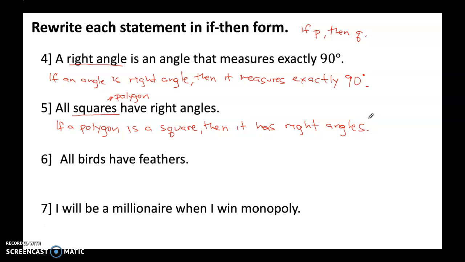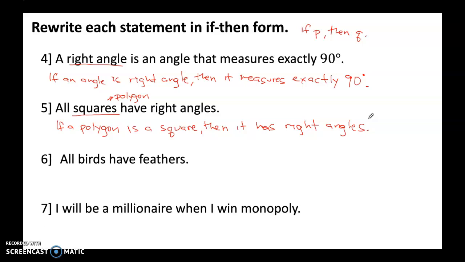Or we can also write this, if a quadrilateral is a square, then it has right angles. So we should define first what is a square to make it an if-then statement.